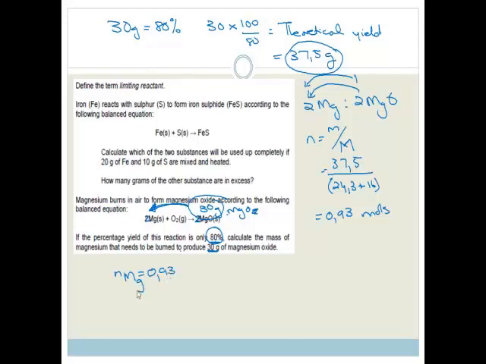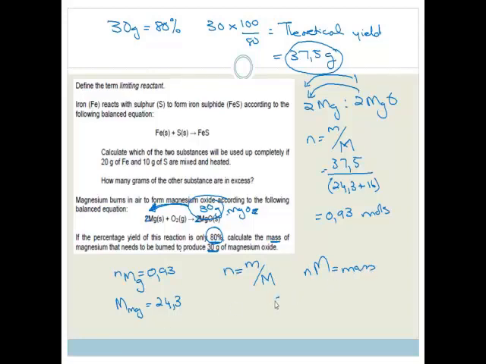The molar mass of magnesium is 24.3. Therefore, we can work out the mass that is required, because the number of moles times the molar mass is the mass.